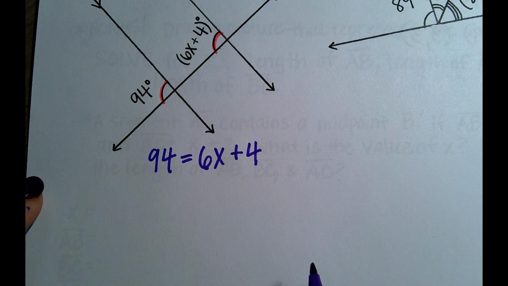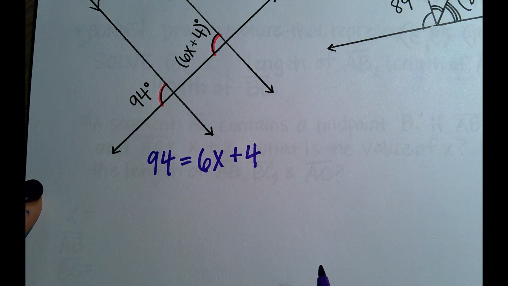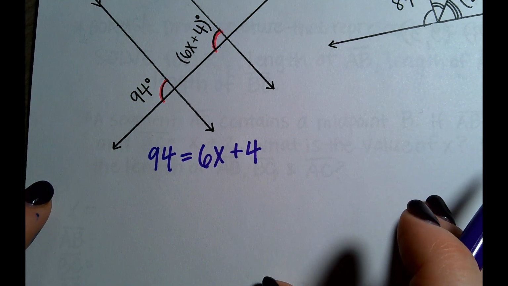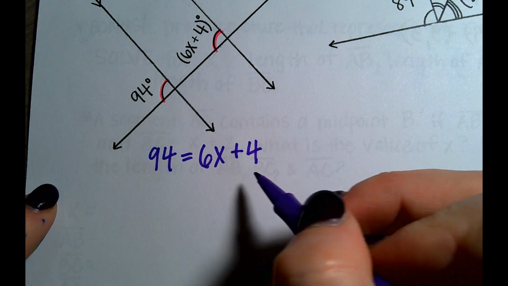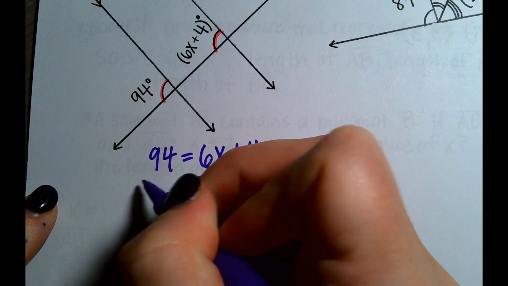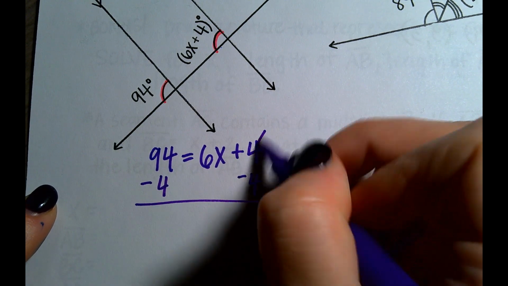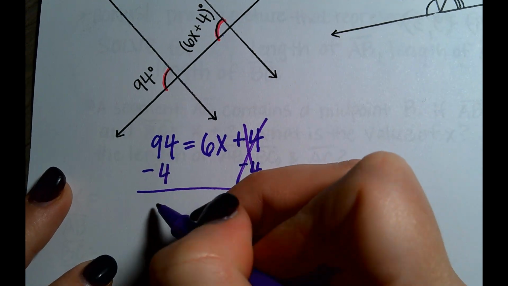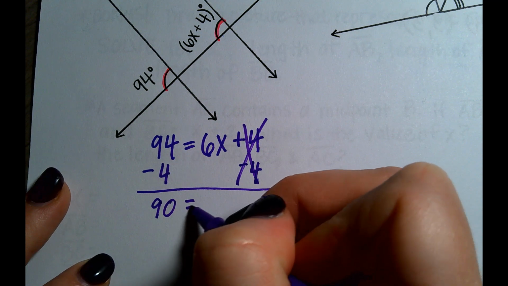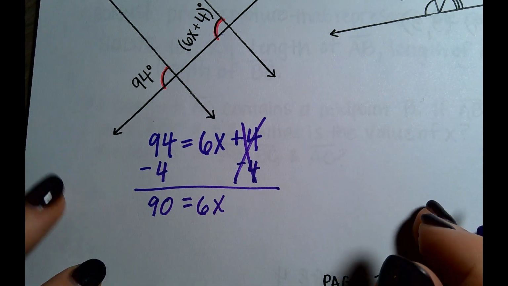What should we do next? Oh, sorry. You're okay. You're carrying the class. I appreciate you. Minus 4 on both sides. Okay. That gives us 90 equals 6 times x.